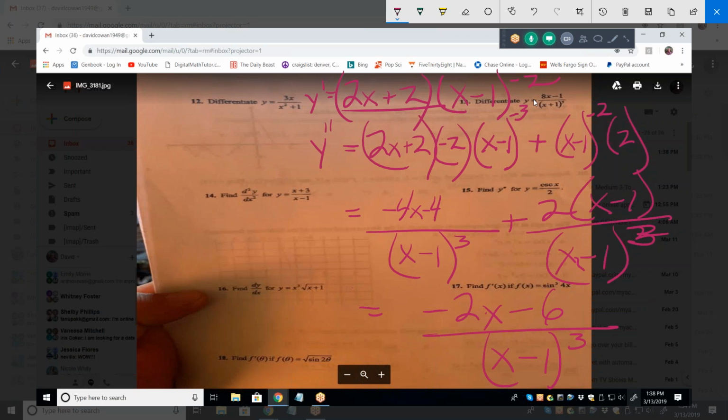If by factoring the top I was left with an x minus 1, I definitely would do so. But I'm not going to be. I'm going to be left with an x plus 3 if I factor out a negative 2. In other words, I won't really advance the solution at all. And so that would be my final answer. I don't do the factoring unless it serves a purpose. Okay? All right.